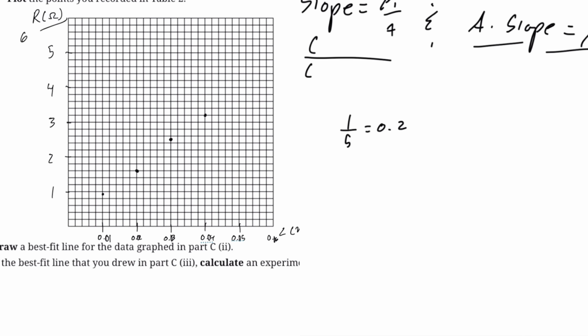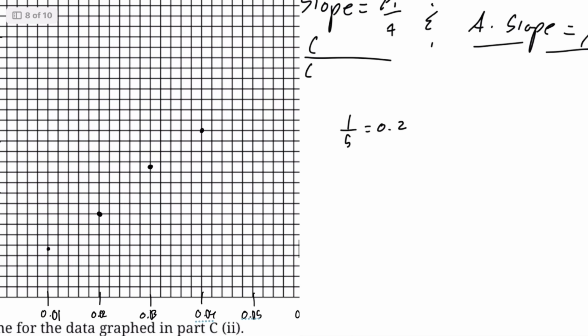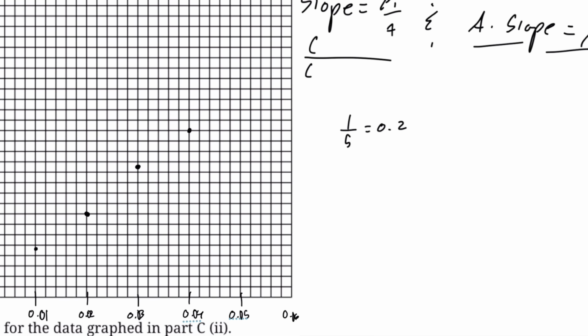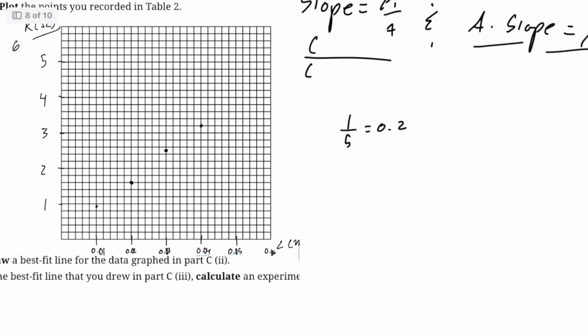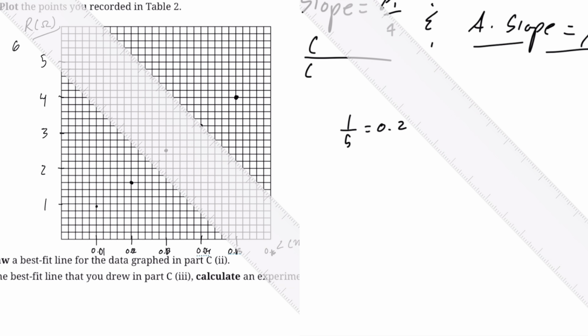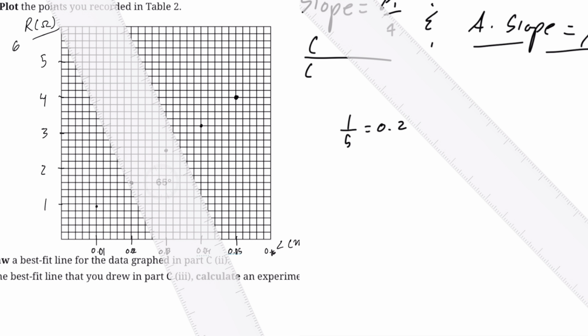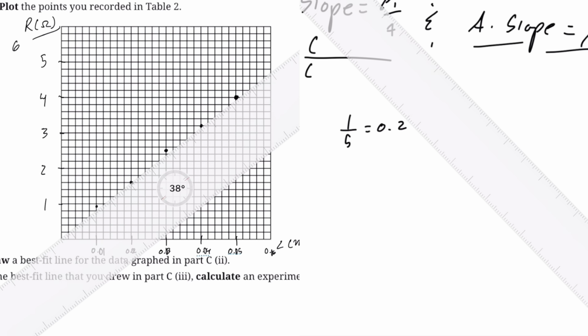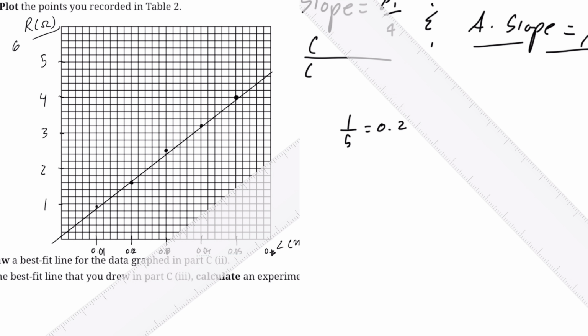That's a bit of an easier one. That's like 0.05. Oh, I lost it. It's up there. 0.5 is like here. Okay, so now if you notice we did this right, this is a linear graph. And we're just going to draw our line of best fit like this. Bang. Pretty easy.